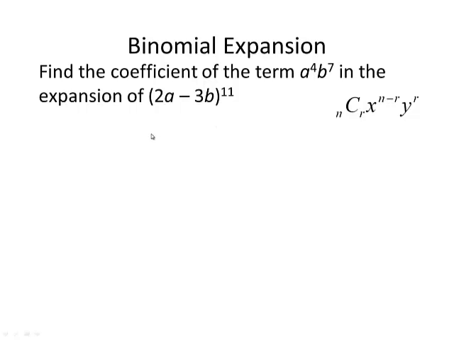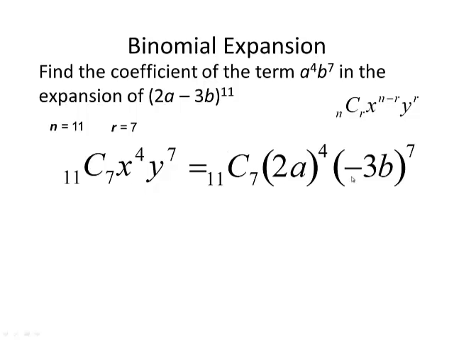So I'm going to write this out like this. n is 11, r is 7. 11c7, x to the 4th, y to the 7th. Replacing my x with 2a and y with negative 3b, I get this.